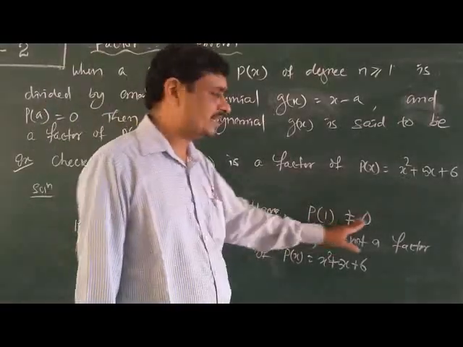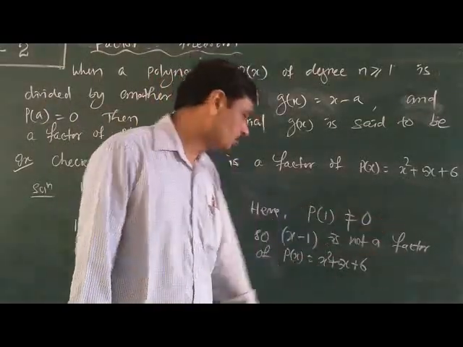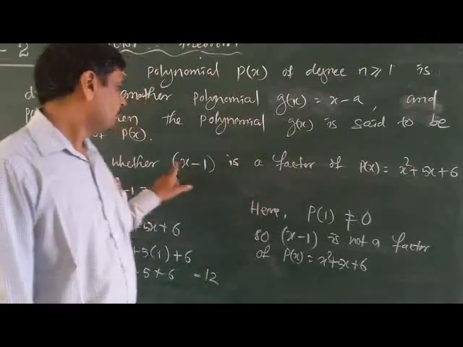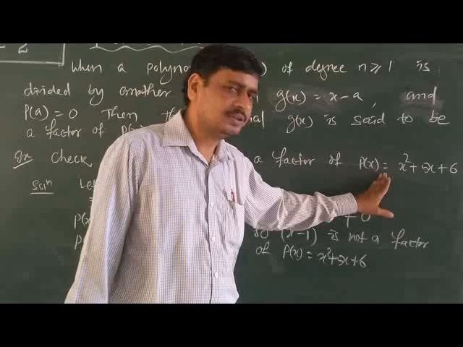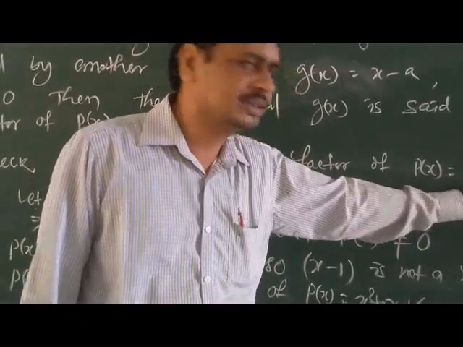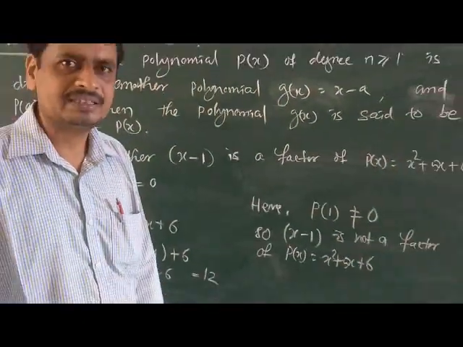So the polynomial x minus 1 is not said to be a factor of this polynomial p(x), which is equal to x square plus 5x plus 6.